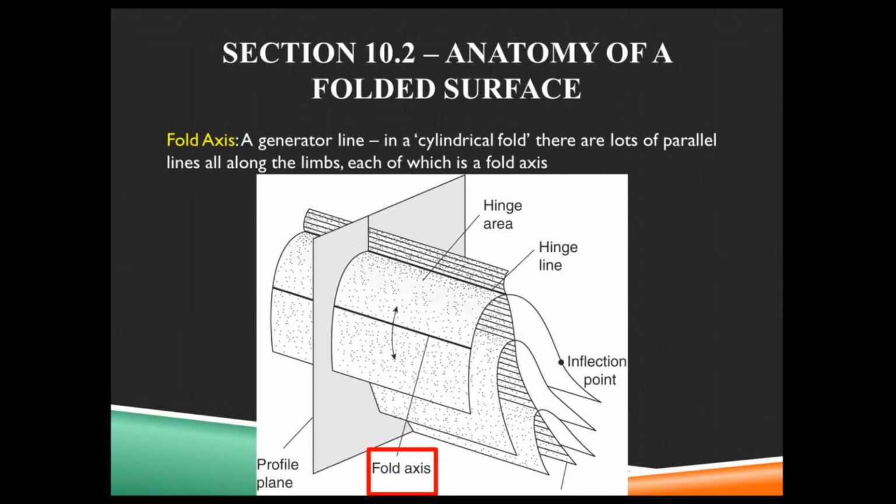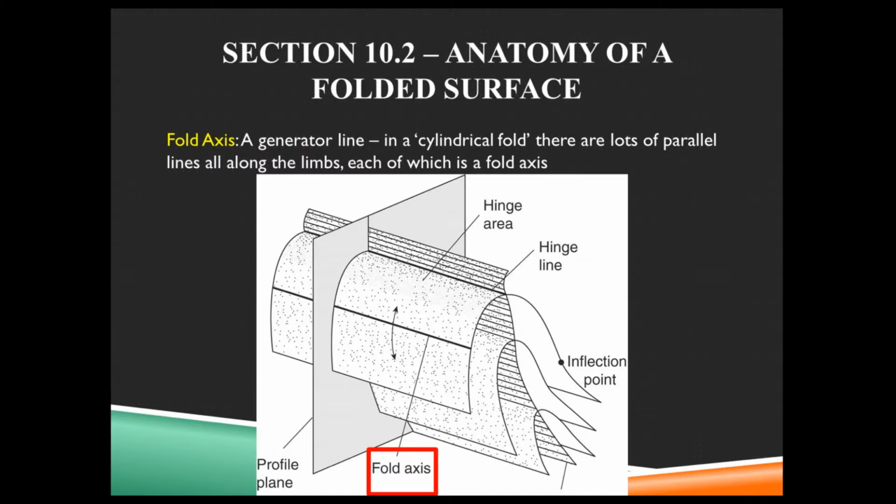A fold axis is a line along the fold that tells a general direction of it. Generally drawn along a limb. It could be along a hinge, so it could match up with a hinge line.